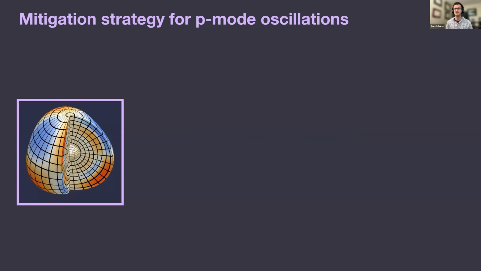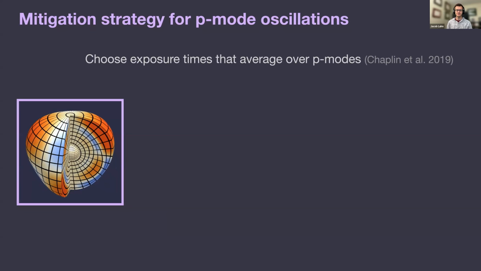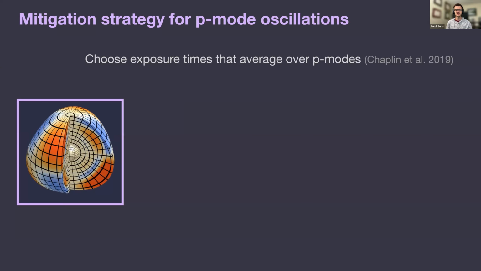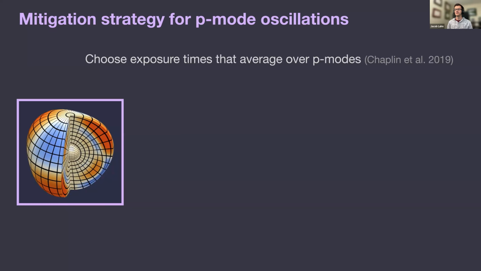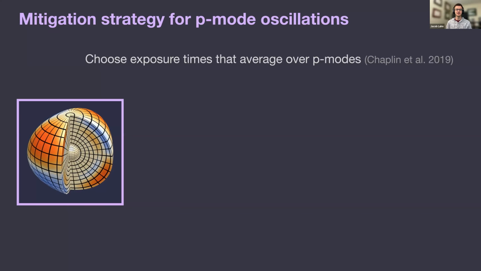And to motivate this a little more, I think many people on this call, and I would agree with them, might say that p-modes are a relatively solved problem for EPRV era measurements. And that's because we have a fairly well-established mitigation strategy, which is to simply average over the p-mode timescales with our exposure times.